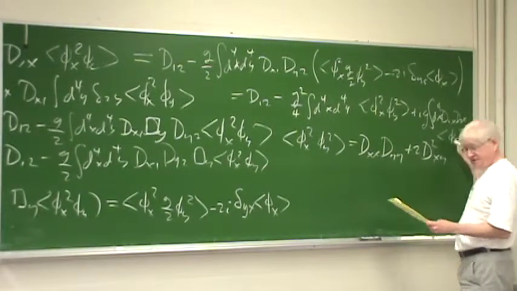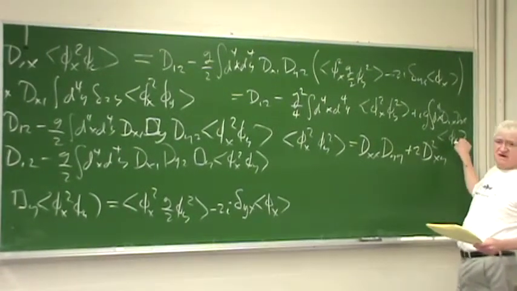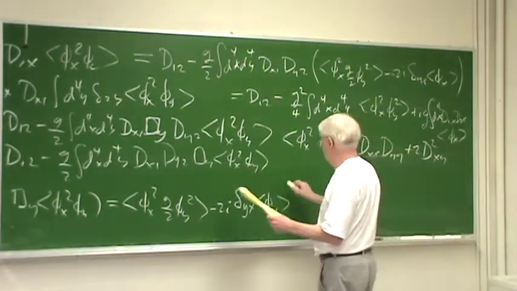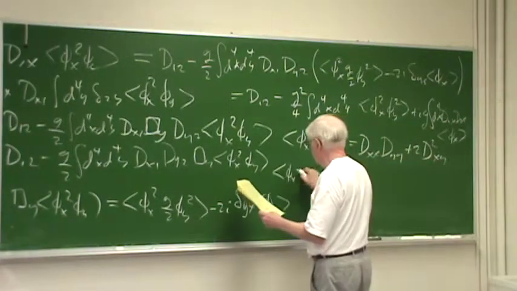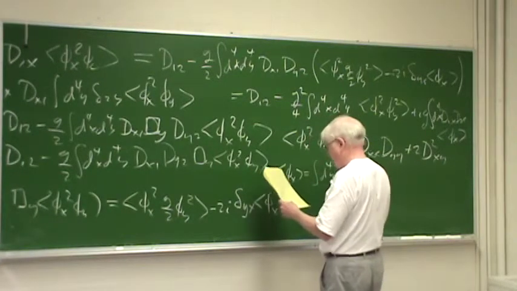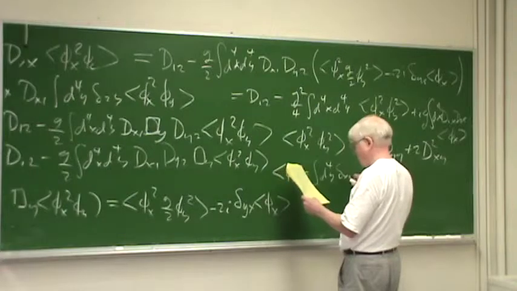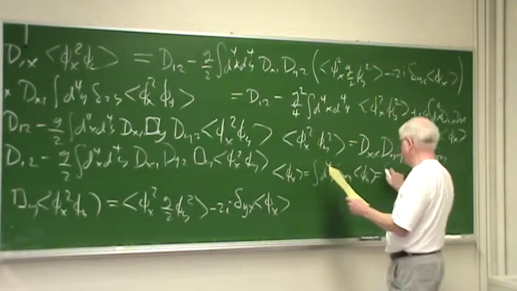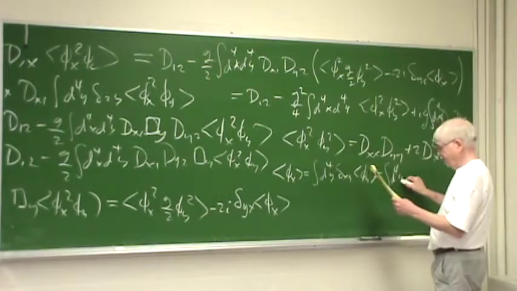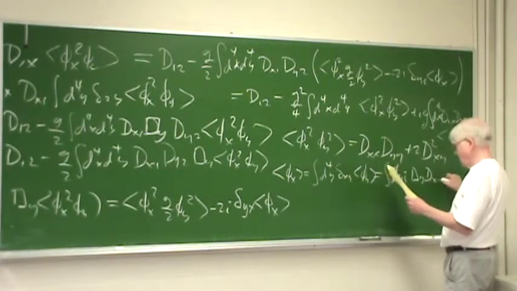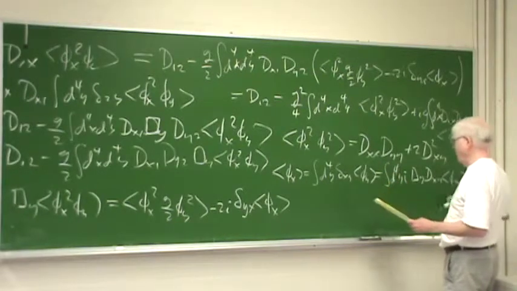Well, we might want this to order g, but we don't need it to any higher order for sure. And so this then, φ(x) is d⁴y δ(xy) φ(y), and this is d⁴y box y Dxy φ(y).